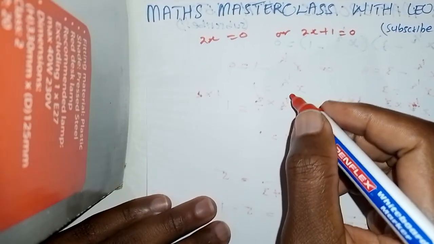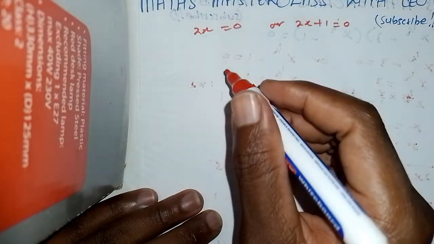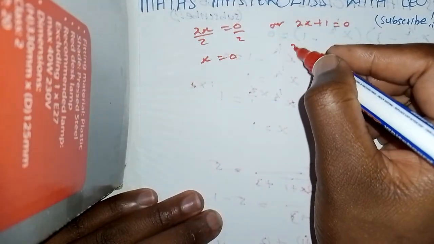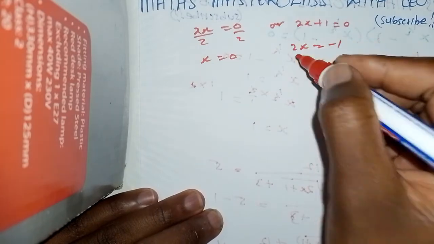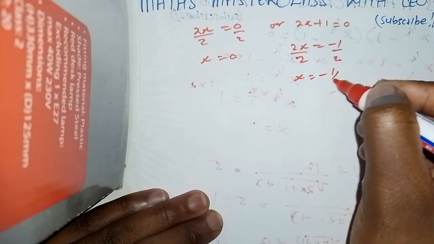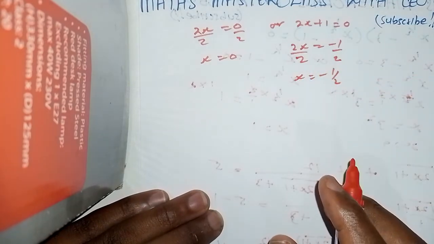Right? Okay, and then I'm going to divide by 2, x is equal to 0. Then here 2x is equal to negative 1. Divide by 2, x is equal to negative half. Right? There. That is my last question.